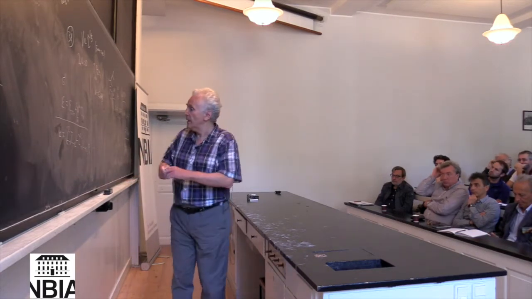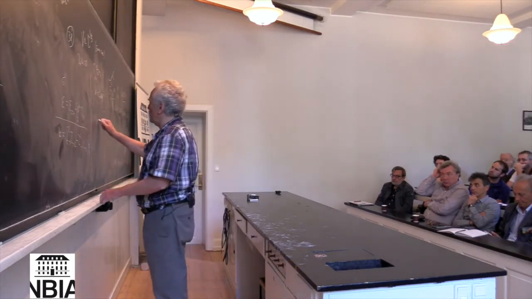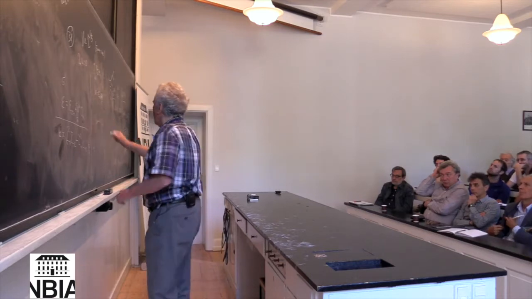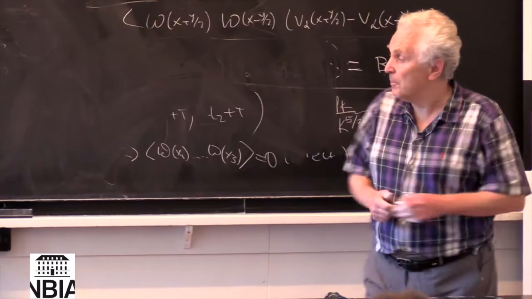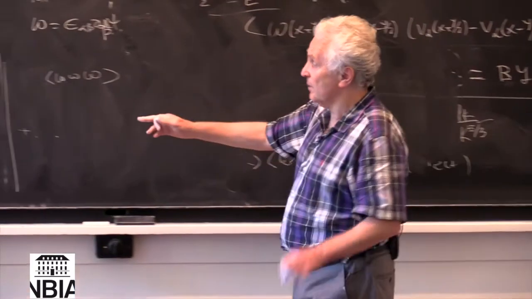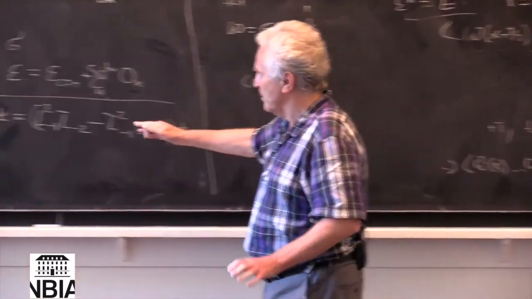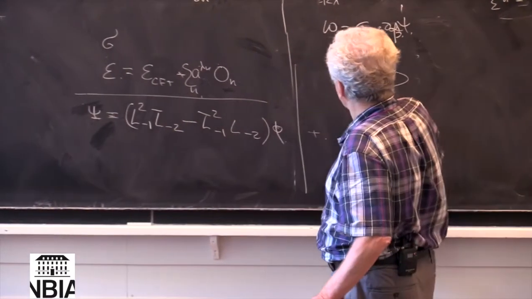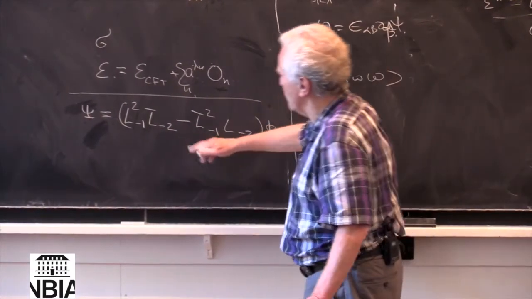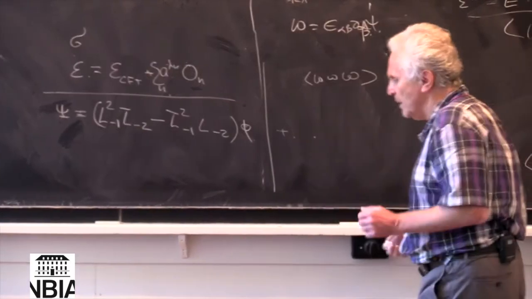This time we can calculate omega, omega, omega. And it's a pretty terrible calculation which can be simplified, because you have to use Ward identities, the product of three things, you use Ward identities for them and so on.